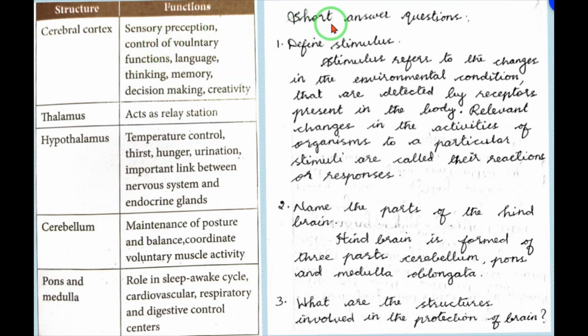Now let's move to the next one, short answer questions. First question: define stimulus. Stimulus refers to the changes in the environmental condition that are detected by receptors present in the body.